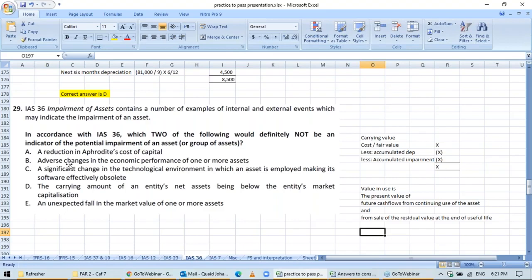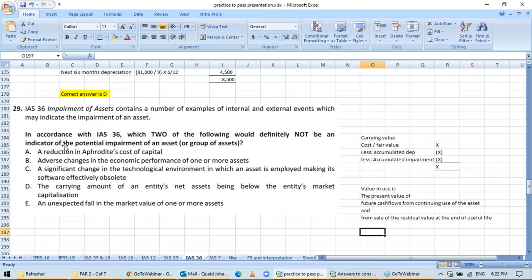So what they're asking over here, that IAS 36 Impairment of Assets contains a number of examples of internal and external events which may indicate the impairment of an asset. For example, a car undergoes an accident. So due to the accident, this is an indication, physical damage, the value of the car goes down. And what is the meaning of impairment? The meaning of impairment is damage, decline in value. This is what is known as impairment.